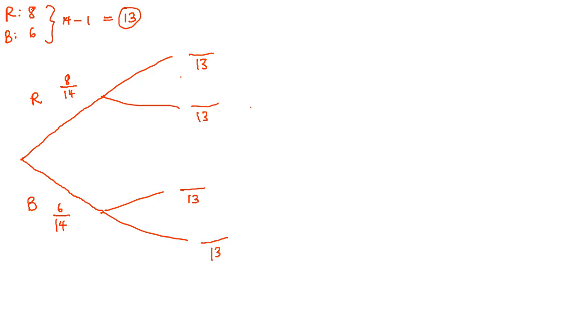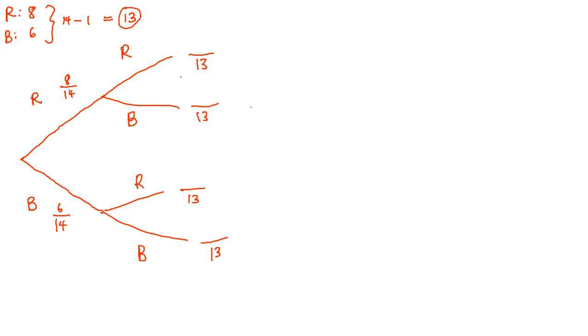So if you selected red the first time, the second time you can also select red again, or you can select blue. And it's the same at the bottom. If you selected blue the first time, you can still select blue again, or you can select red. So they're completely separate, isolated, independent events where what happens the first time does not impact what happens the second time.